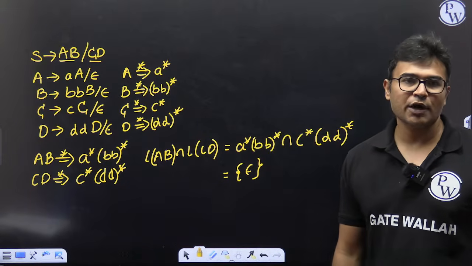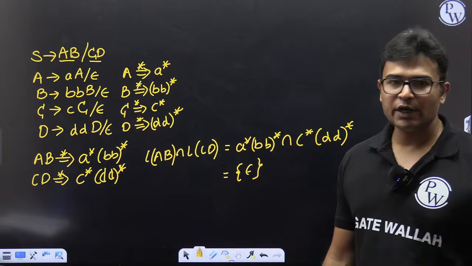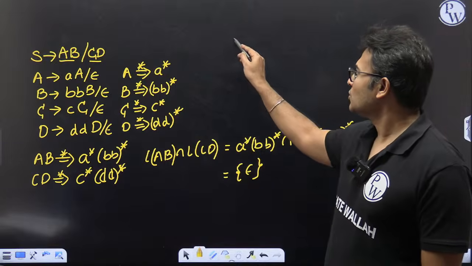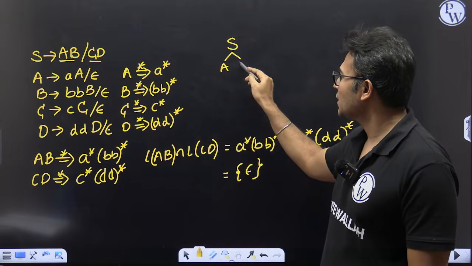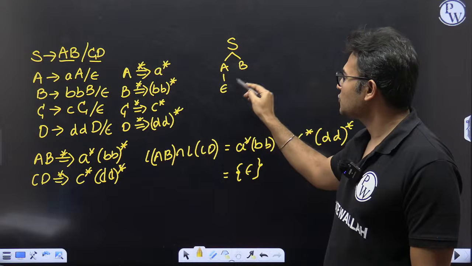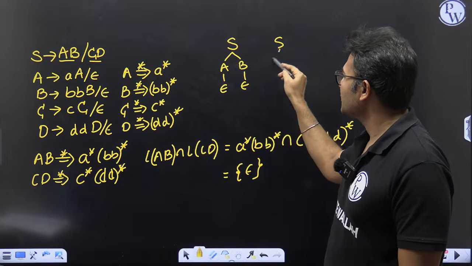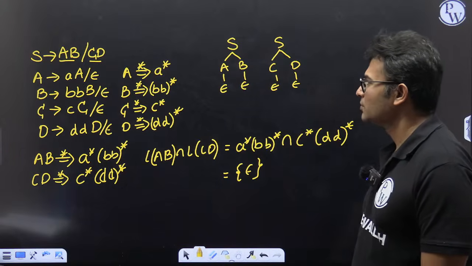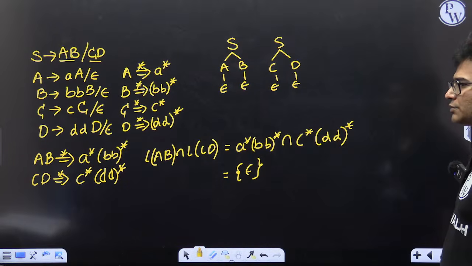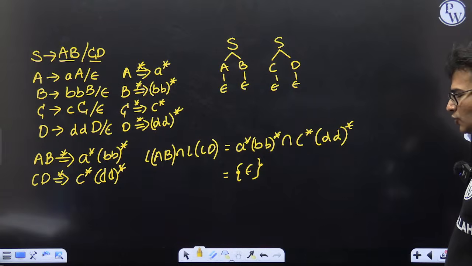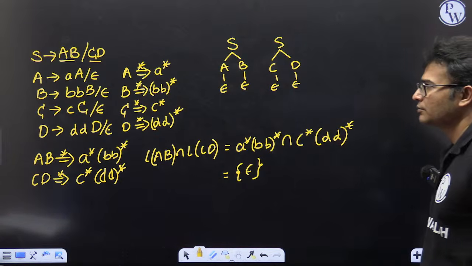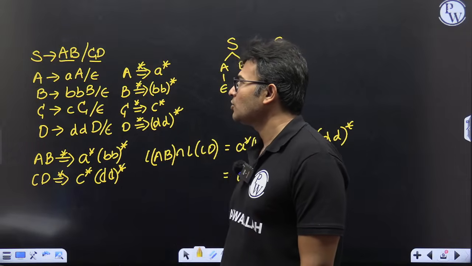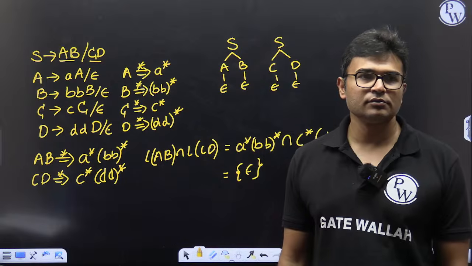So you will get two parse trees for epsilon. S derives AB, A derives epsilon, B derives epsilon. S derives CD, C derives epsilon, D derives epsilon. Therefore, the grammar is ambiguous, right? I'm just trying to find out what is the language generated by the two paths.